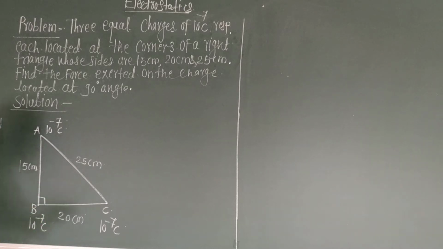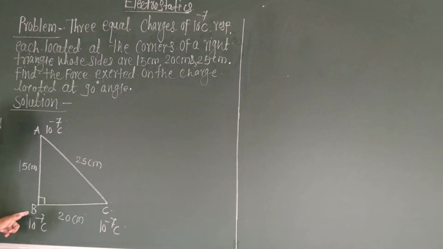So we have to find out the force at point B, because it is at the 90-degree angle. Therefore, force at point B is due to A as well as due to C.